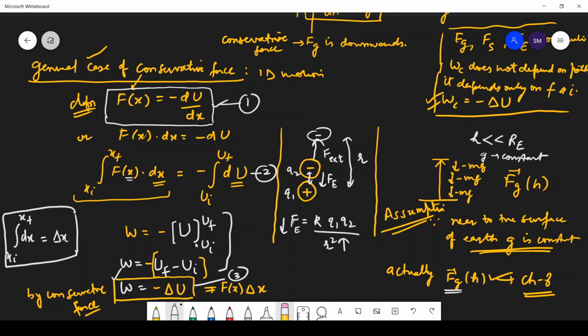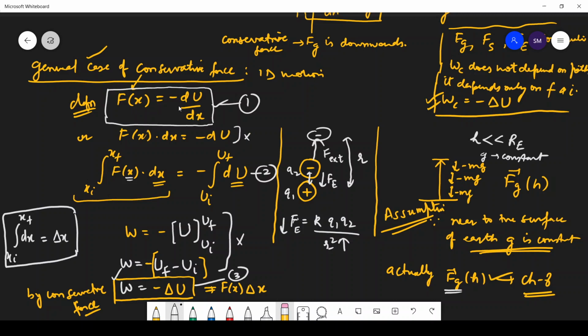I have written these steps just to help you in understanding, because when you will be giving the competitive exams, you need speed. So you need to do these calculations in your mind. Obviously du, so uf minus ui, that is delta u. So you need not write these steps, and this step also is not needed.